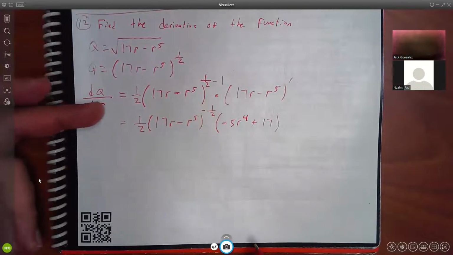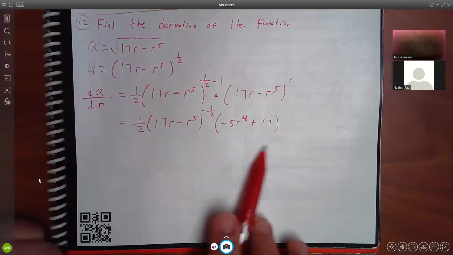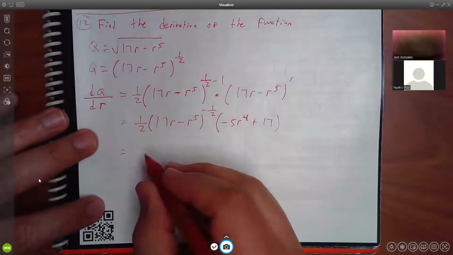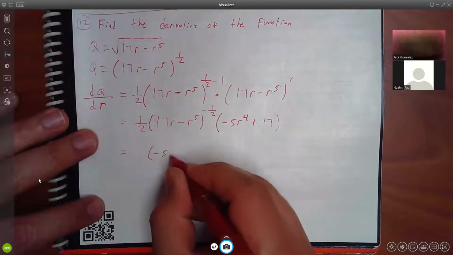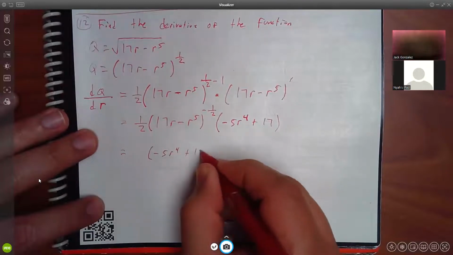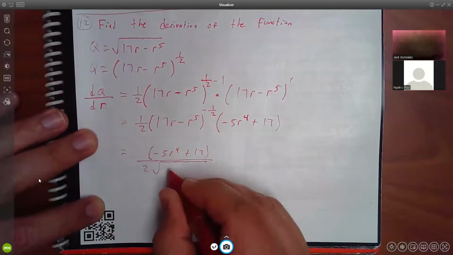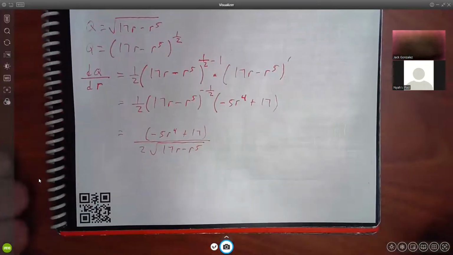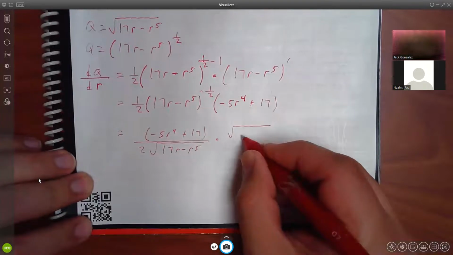This is algebra, so their answer is probably already pretty close. You rationalize to get their answer.